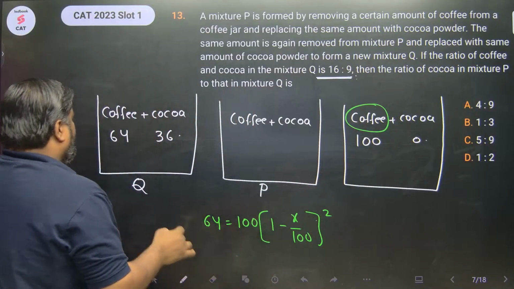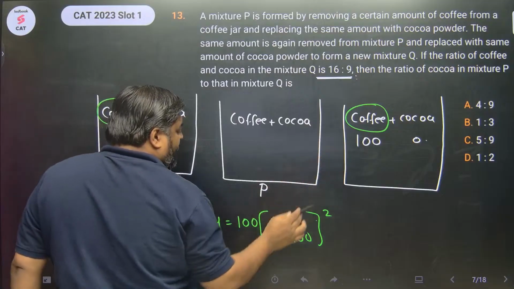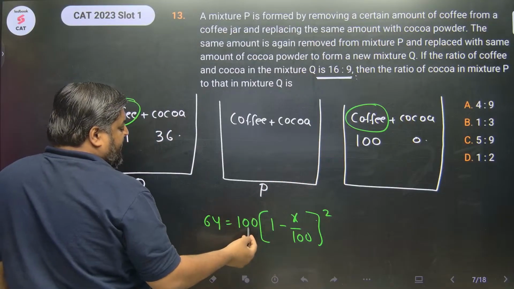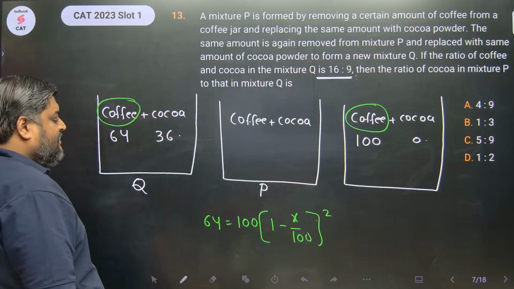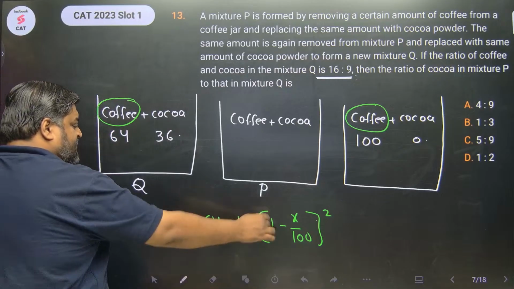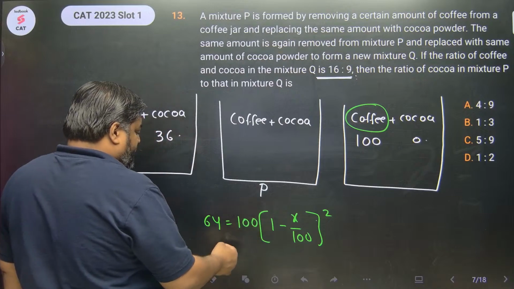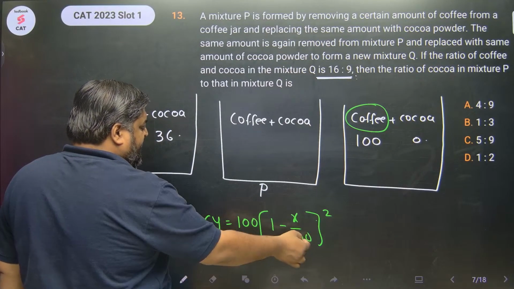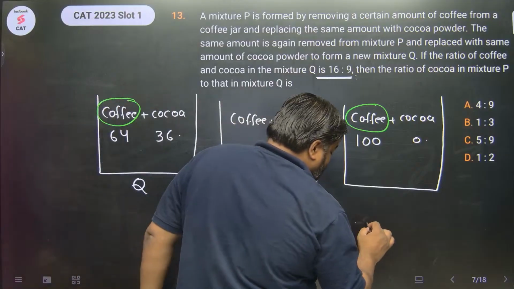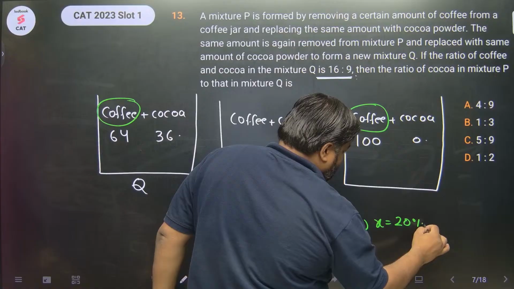Coffee का amount left is 64. You started with 100. 64 is equal to 100, ब्रैकेट में 1 minus x by 100 square. Sorted. Solve for x, इसको x के लिए solve किया, you will get 4 by 5, 1 by 5, 5 से 100 गया 20 times में, x would be 20%. x would be 20%. बोलो yes sir.